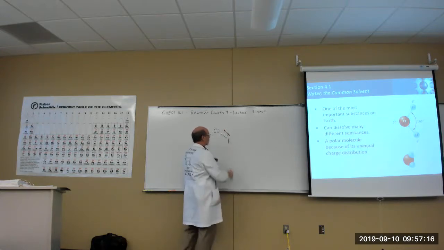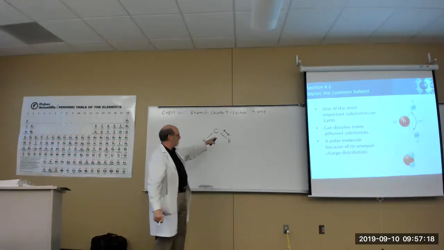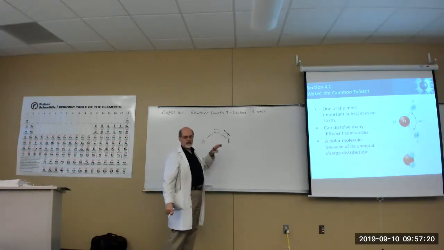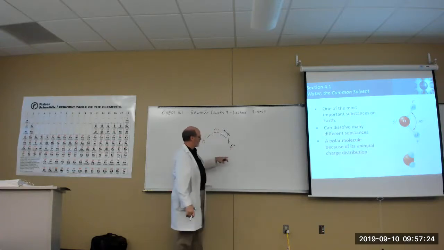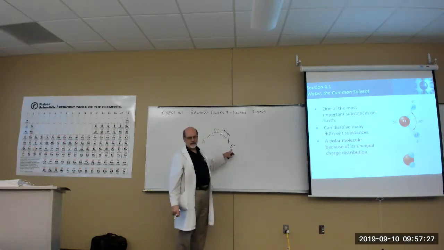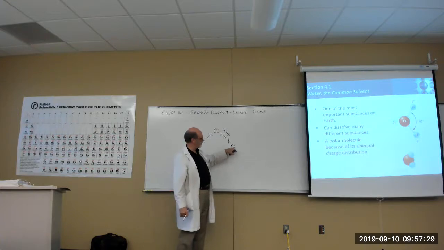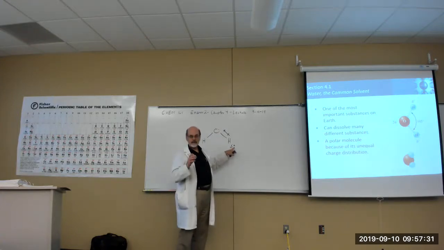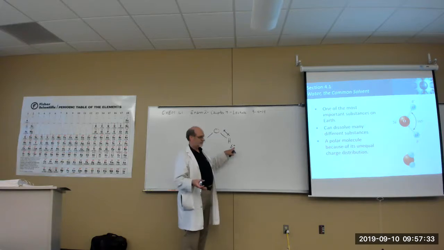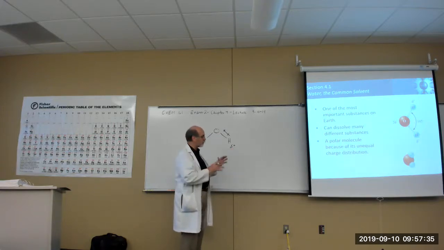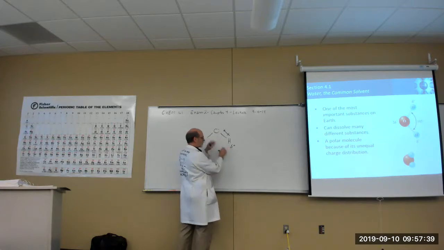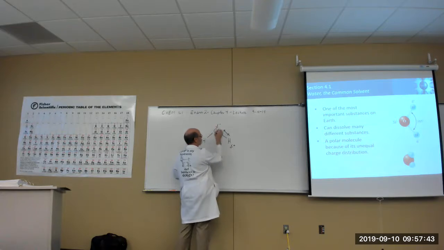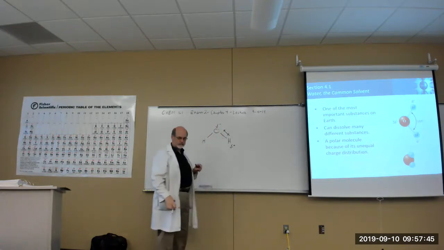And we use that symbol, an arrowhead with a plus sign on the other end. So that means this end is slightly positive. And we use this Greek letter delta, the small delta with a plus sign, to mean that it's slightly positive, but not full positive. It's not a full charge. It's just slightly, in terms of redistribution of electron density. So the other end will be slightly negative.